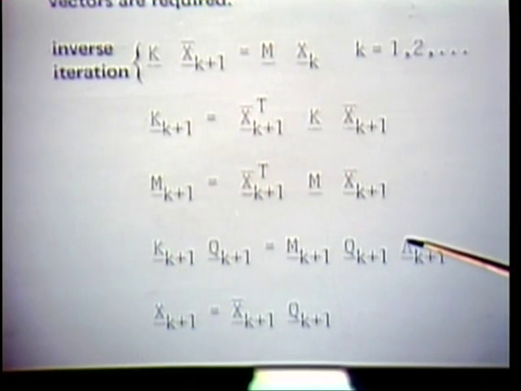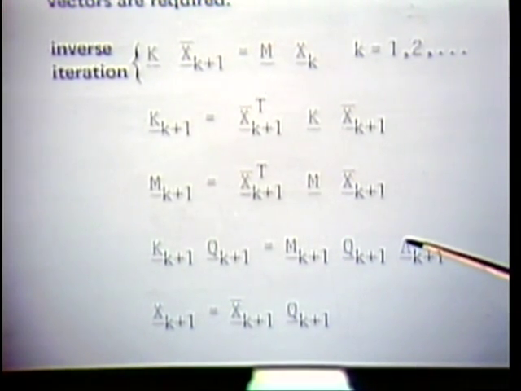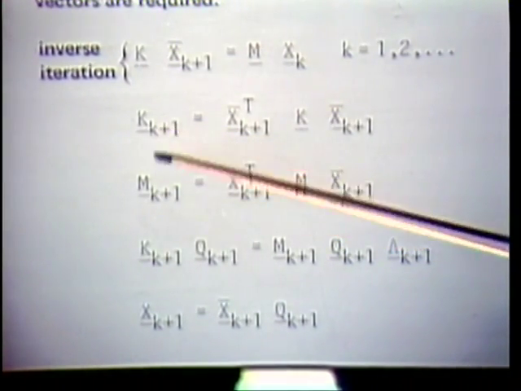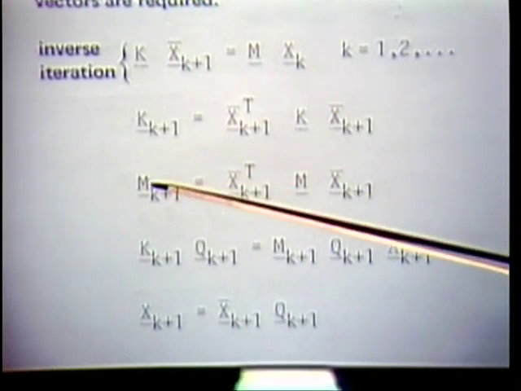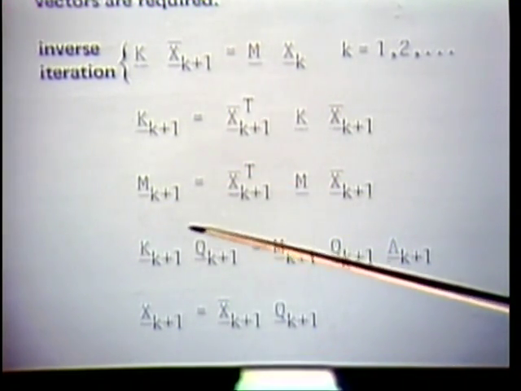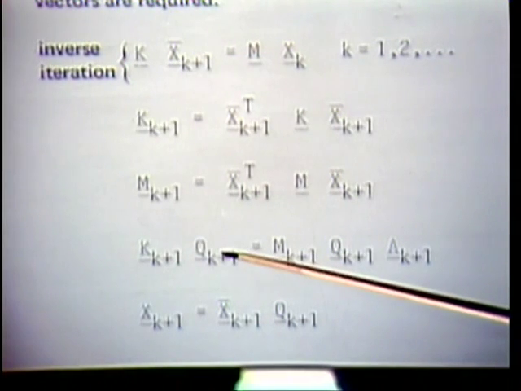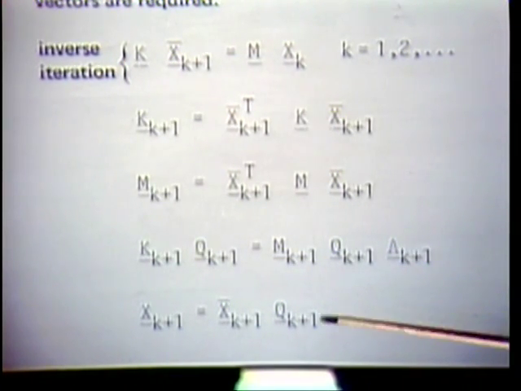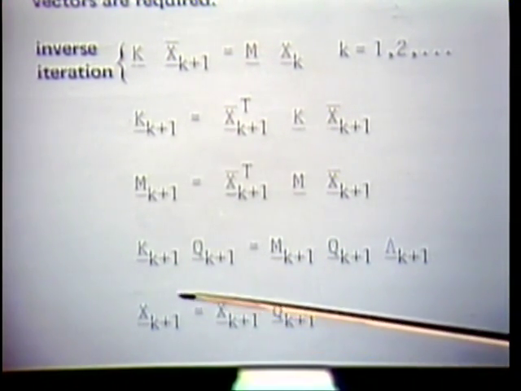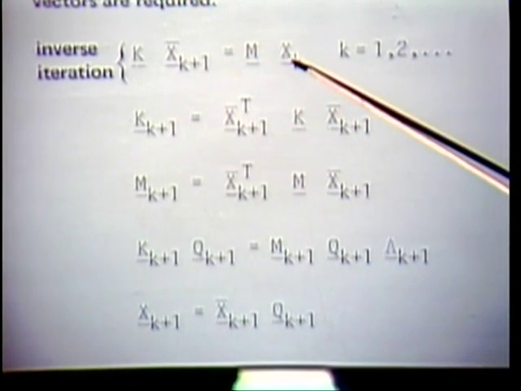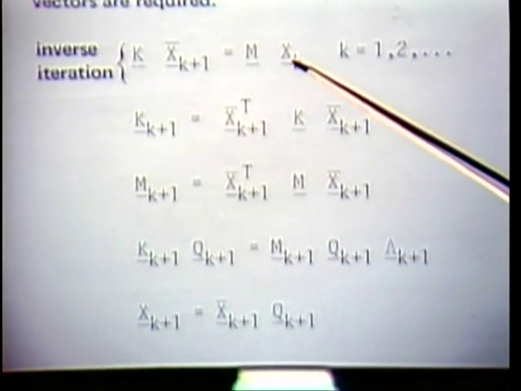This here is a diagonal matrix listing the eigenvalues of the eigenproblem corresponding to these matrices. Having calculated these matrices here, and of course that one too, we are performing this operation to get a new set of iteration vectors, which then are plugged back into here.